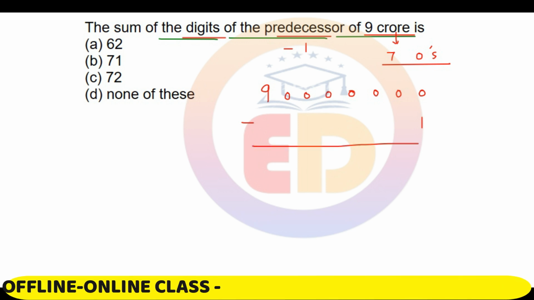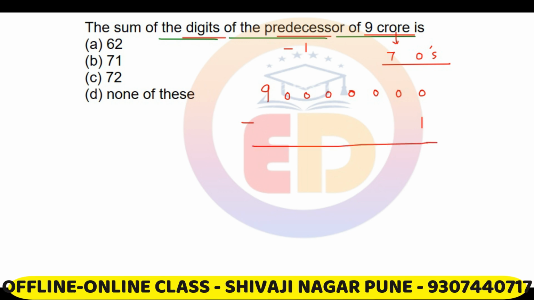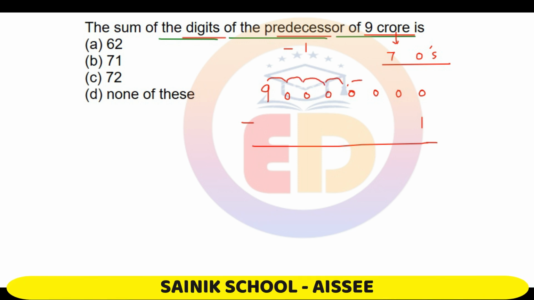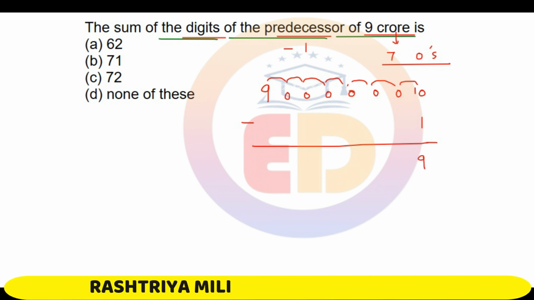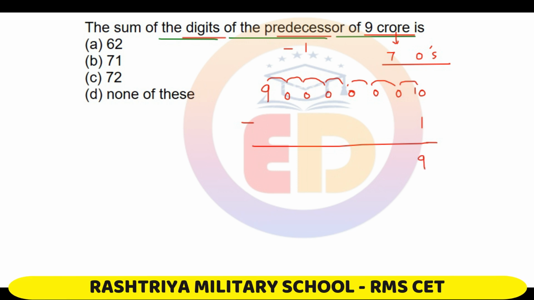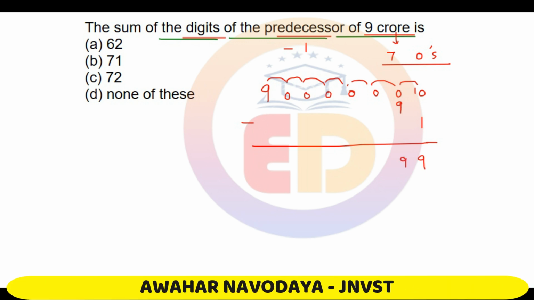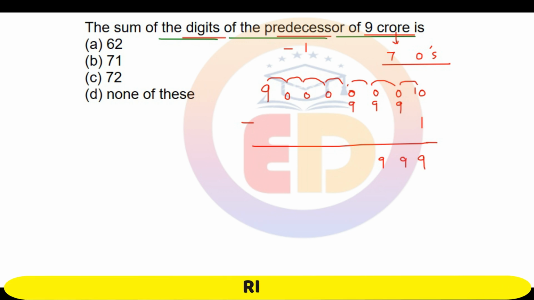It will be 8 crore 99. Let's do it. Let's borrow 1. This will be 10 minus 1 is 9. All the zeros will become 9. Let's convert all the zeros to 9.